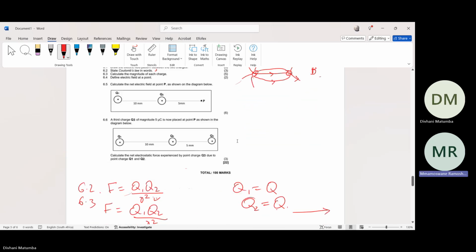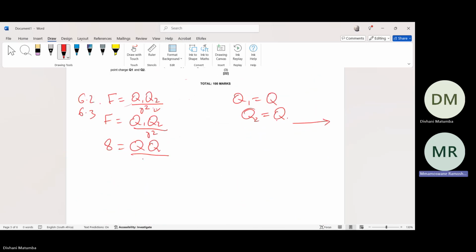It's 10 millimeters, so it's going to be... Is it correct? Yes. So this will be Q.